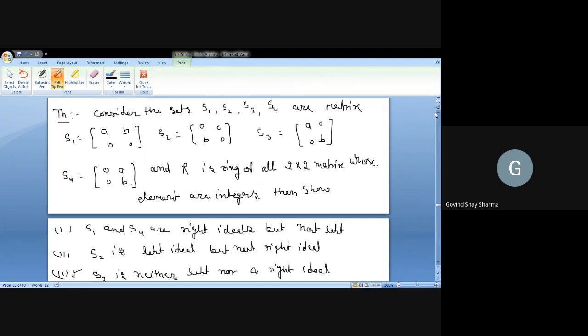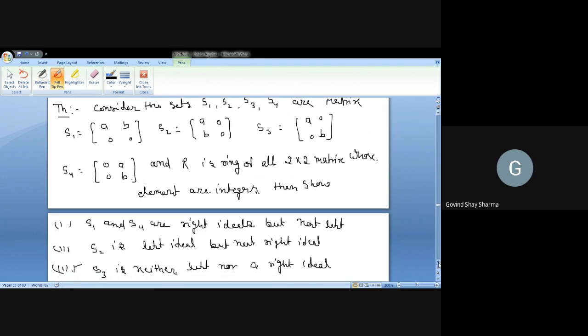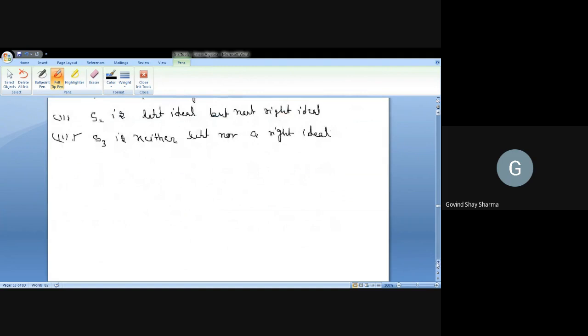So we start. In all cases, we see that the first condition of ideal, that a minus b belongs to S, is satisfied. So proof: we will discuss only the second condition.